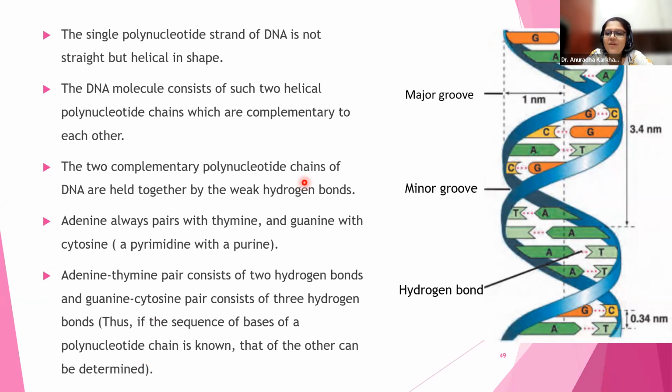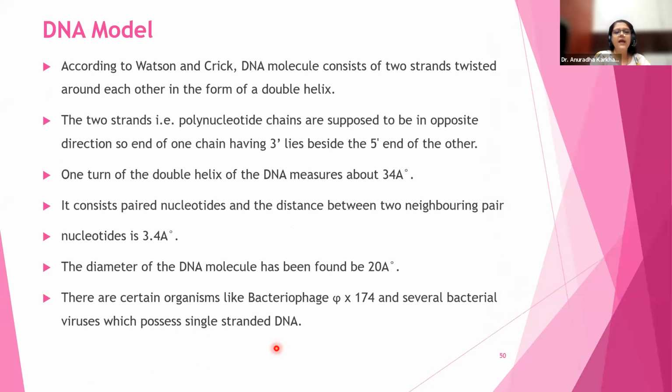This is an important point. Okay, yeah. So this is going to be one turn, and one turn of the double helix of the DNA measures about 34 angstroms, also called 3.4 nanometers.